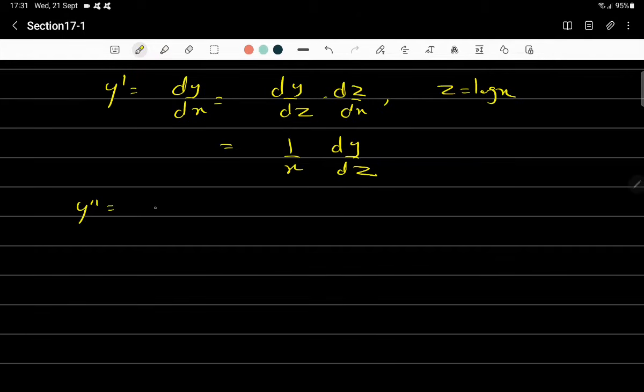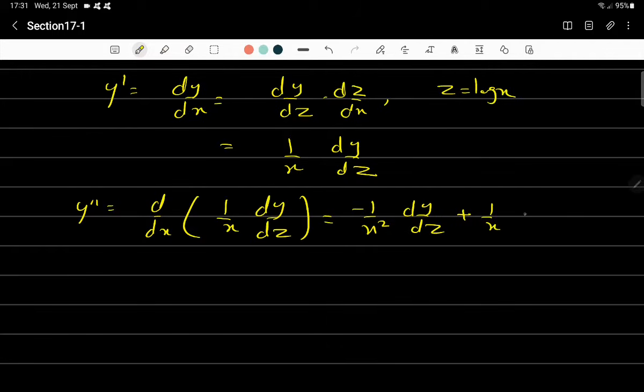Similarly, y double dash would be d by dx of 1 by x dy by dz, which is minus 1 by x square dy by dz plus 1 by x d by dx of dy by dz.